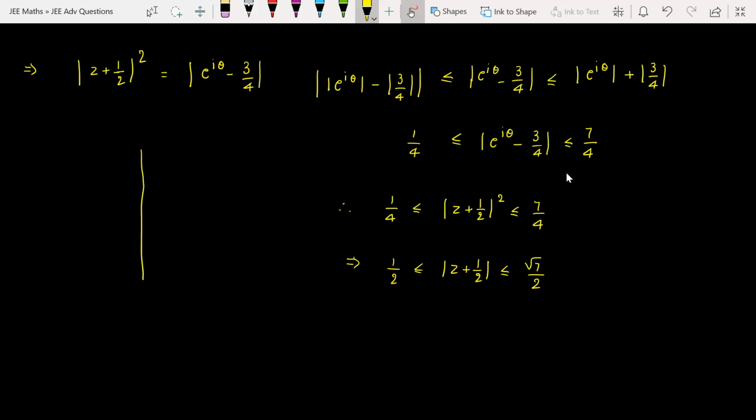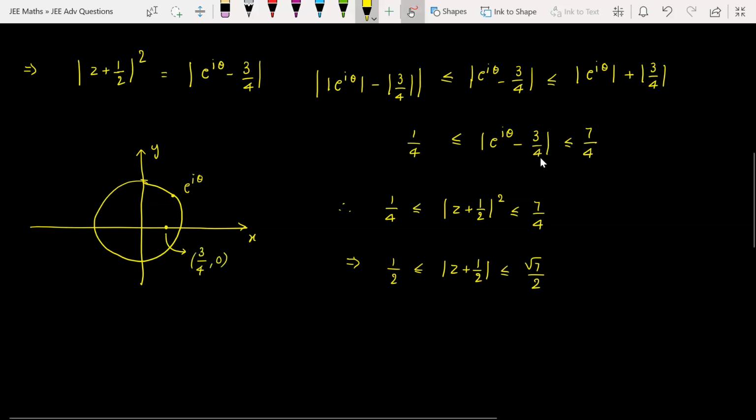If you look at it geometrically, we have a circle with radius 1 unit. So this is 1 unit. This is the Argand plane, x-axis, y-axis, and e power i theta is going to be any point on this circle, cos theta plus i sin theta, and we have 3 by 4 over here, the point 3 by 4 comma 0.